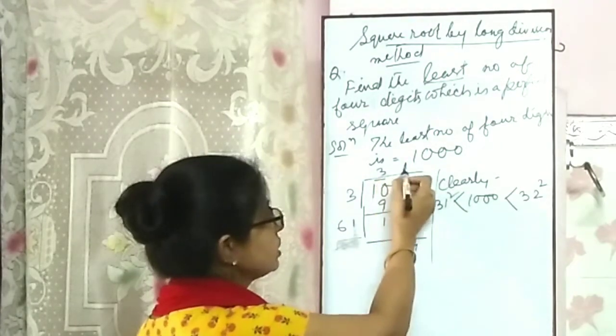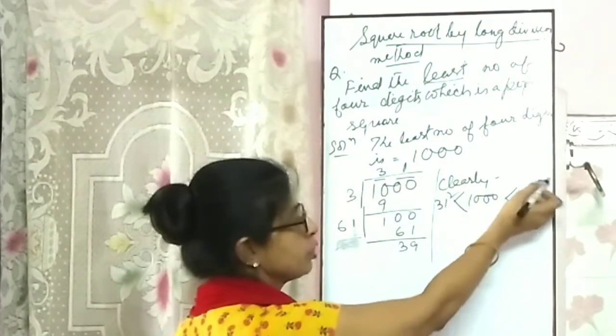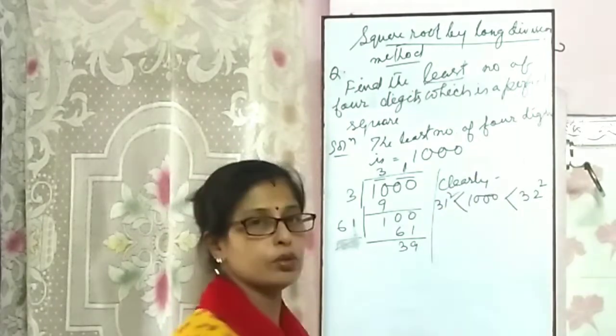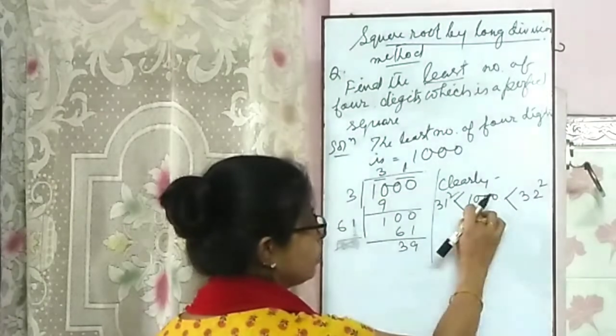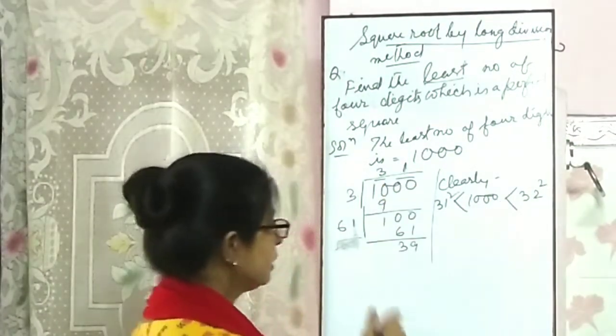The next number after 31 square will be 32 square. So this 1000 will lie between 31 square and 32 square. So what shall we do? From this 32 square we will subtract it, and that answer is to be added to the original number.